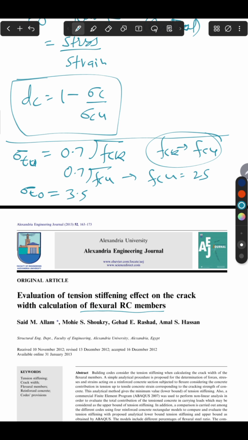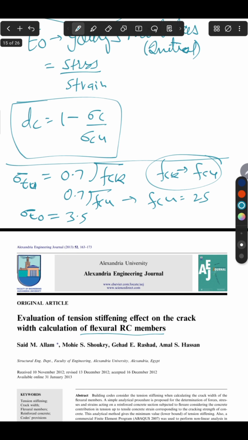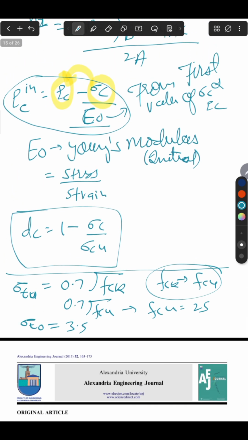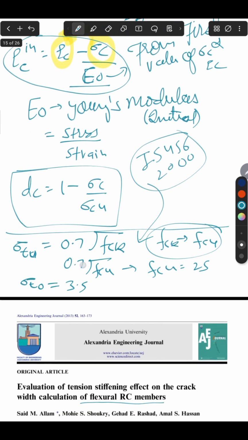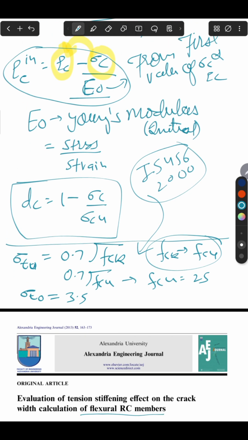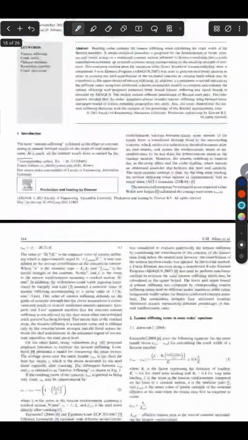Okay, so we have seen, first we need to find our first value of yield stress. As per IS 456 2000, the first value will be 0.7 root FCK. Here FCK is just our FCU, so it will be 3.5.